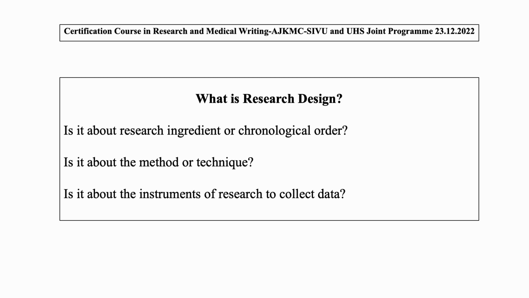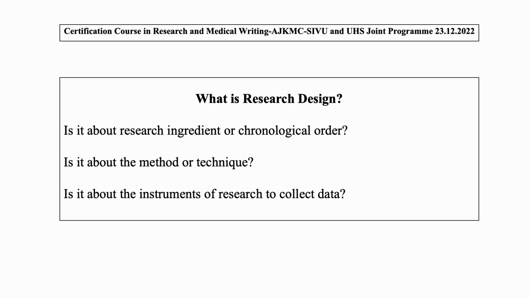Now let's move to define what is research design. It is the overall plan to implement the research. But we have seen that research design has been described in different ways. Here I'll make your idea clear about the design. So let's see if it is about the research ingredients or chronological order.